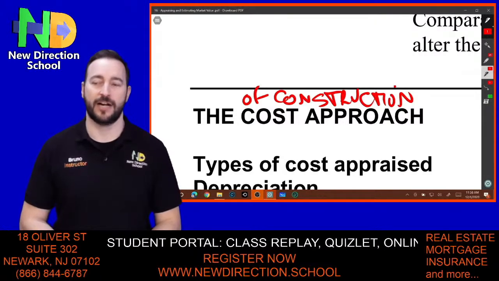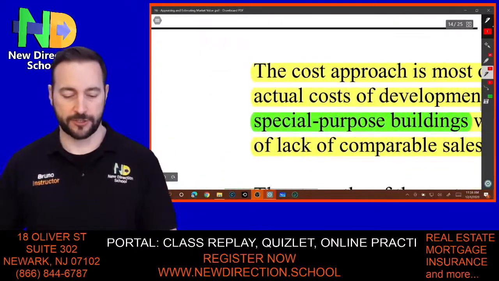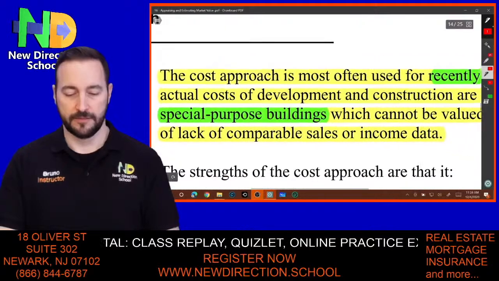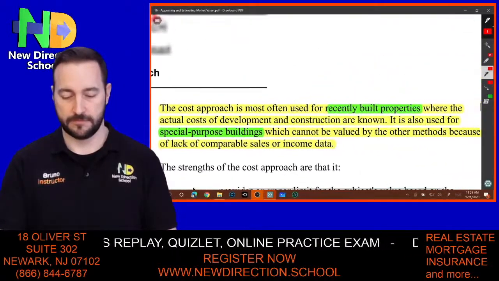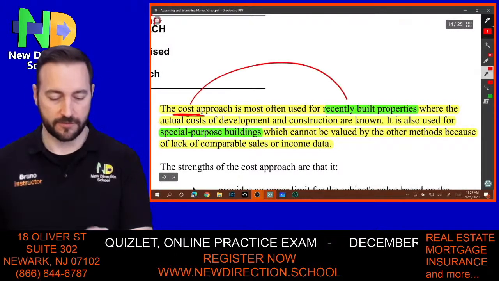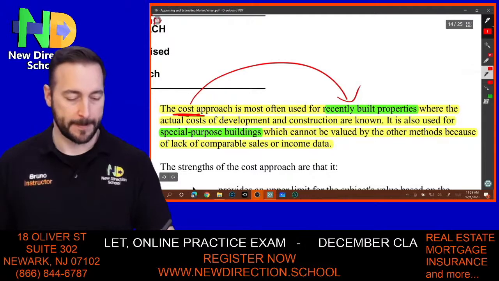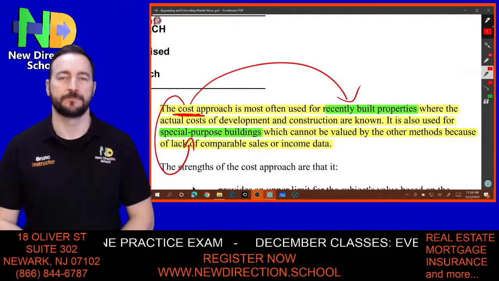That's how we estimate the value of certain types of properties. Which properties do we use the cost approach for? The cost approach is used for recently built properties and for special purpose buildings.